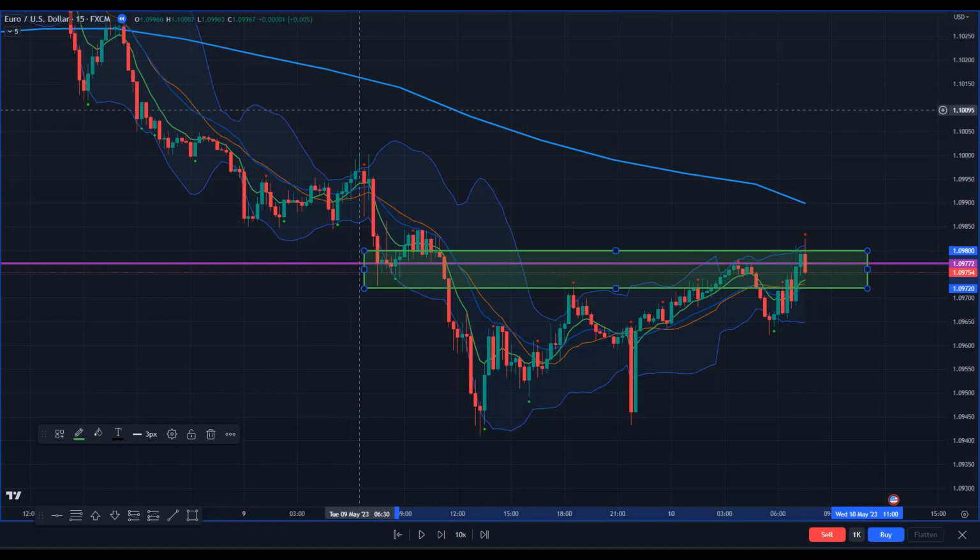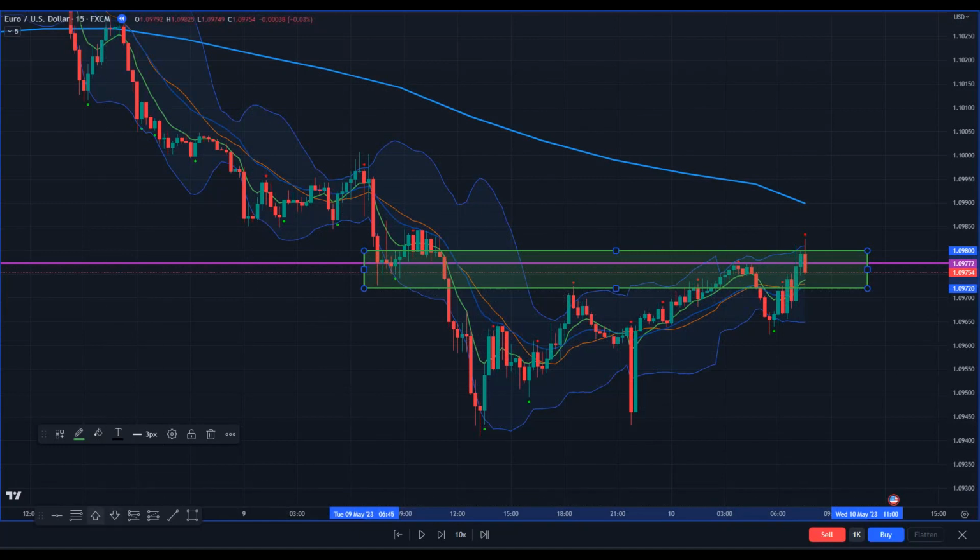I have that because when I'm looking at the 15-minute chart, the higher time frame context chart that I look at is the 4-hour, and this tells me in a quick and easy way that on the 4-hour chart we are also in a downtrend, because the 4-hour moving average is moving downwards as well. So we've got a 15-minute downtrend and a 4-hour downtrend, giving us higher time frame context.